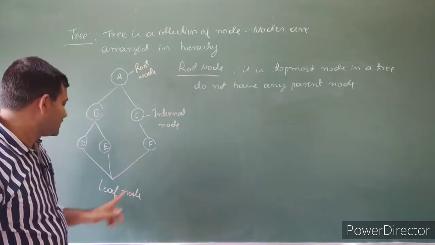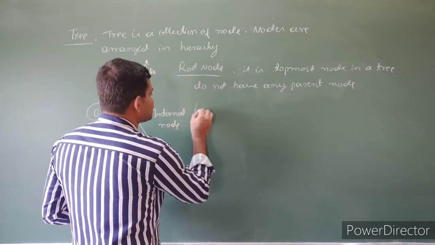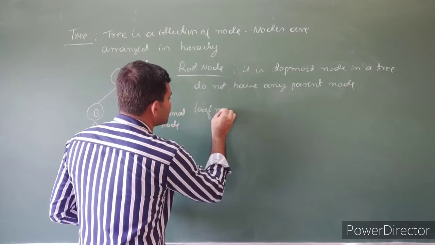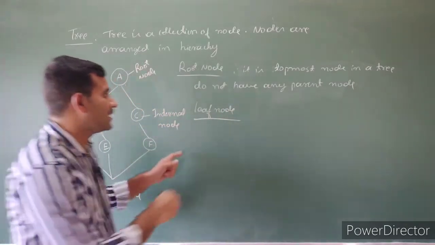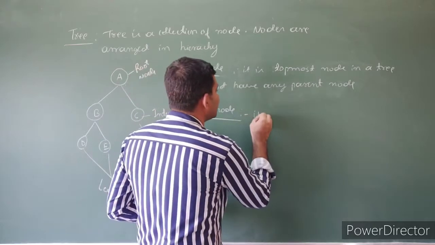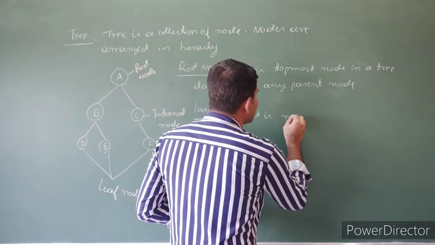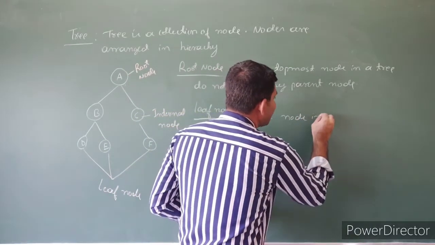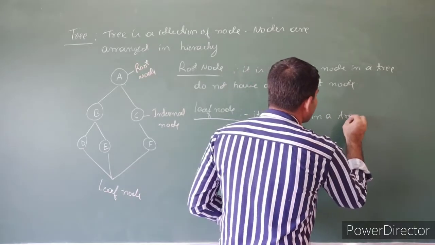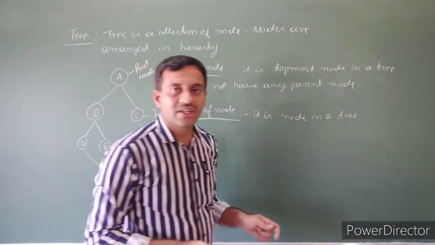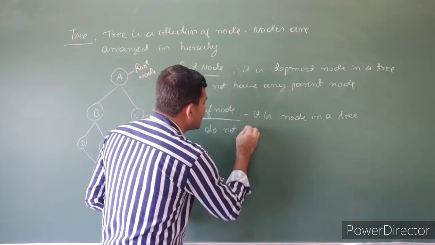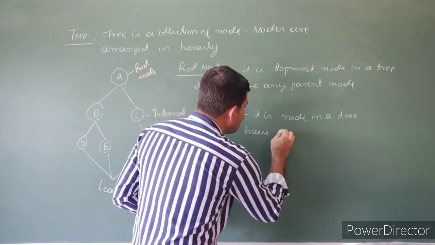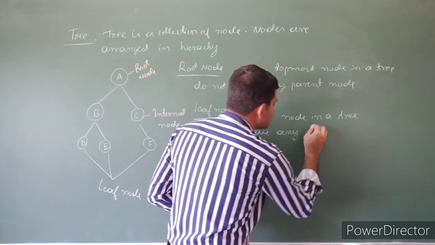Then the next one is the leaf node. A leaf node is a node in a tree that does not have any children.